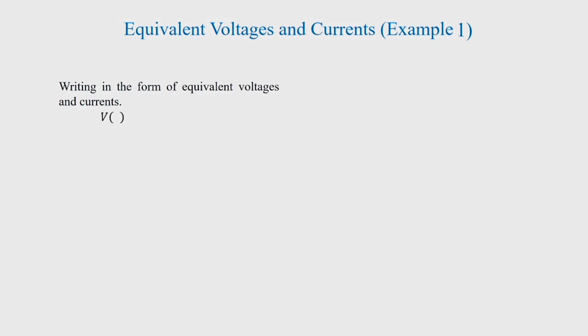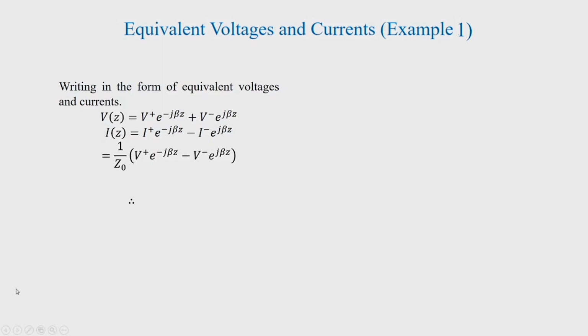Now, we can also write equivalent voltages and currents. So, Vz can be written as V plus e to the power minus j beta z plus V minus e to the power j beta z, and Iz can be written as I plus e to the power minus j beta z minus I minus e to the power j beta z. And this Iz can also be written in terms of the voltages V plus and V minus.